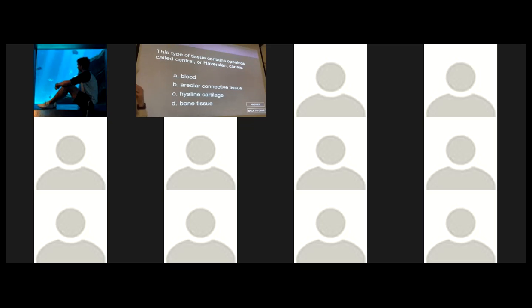This type of tissue contains openings called central or haversian canals. So blood, areolar connective, hyaline cartilage, or bone tissue. I'm going to put you guys into your breakout room.